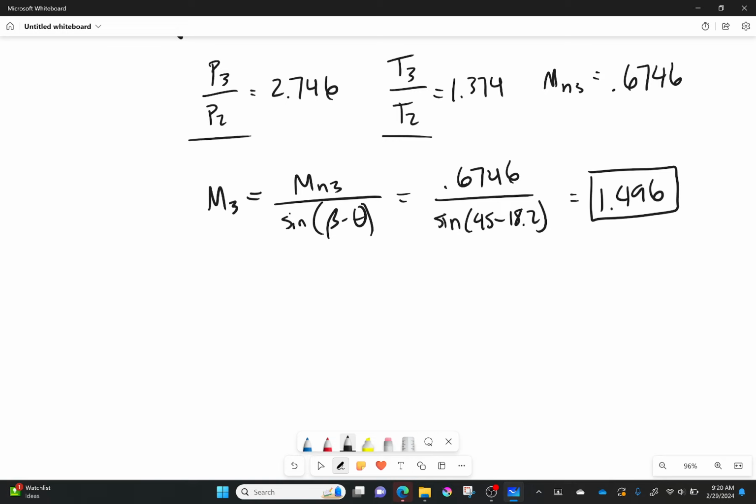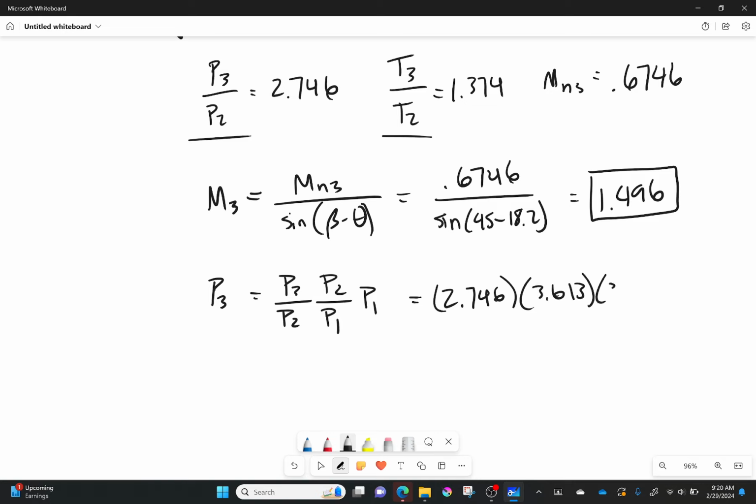Okay, let's find P3 and T3 now. So P3 is going to be equal to P3 over P2 times P2 over P1 times P1. Hopefully you're getting used to this kind of stair-stepping kind of thing. So that's going to be equal to 2.746 times 3.613 times 3.